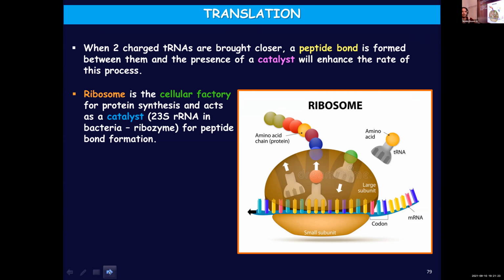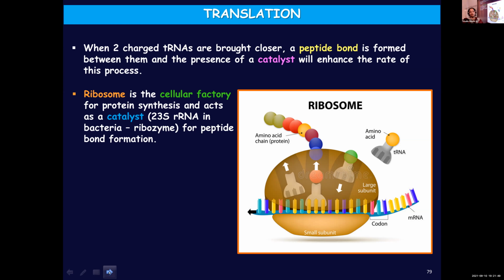You know how proteins are synthesized by joining together of amino acids. When several amino acids are joined together by peptide bonds, that will form a polypeptide, and this polypeptide is known as a protein. And the process of synthesis of proteins is taking place in the ribosome.